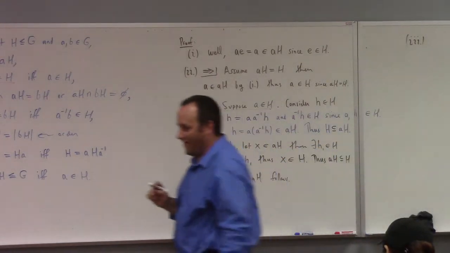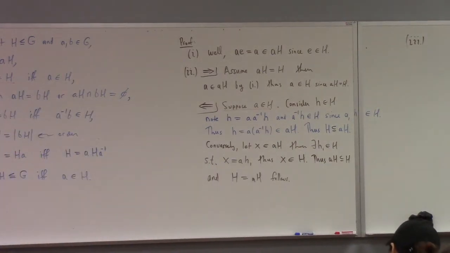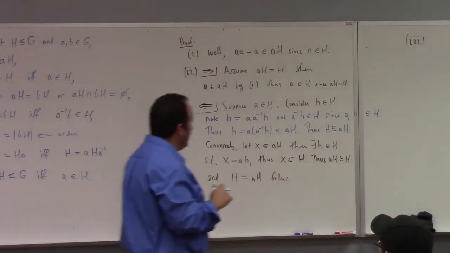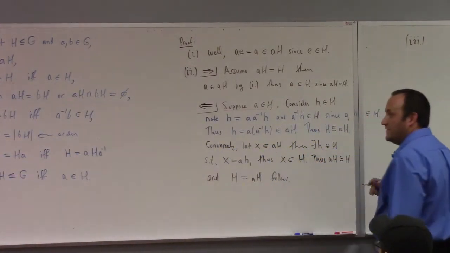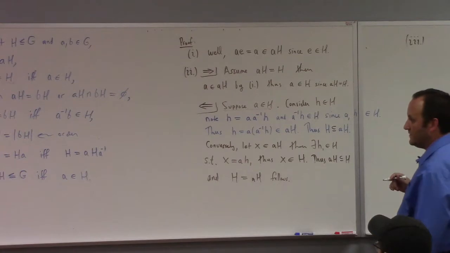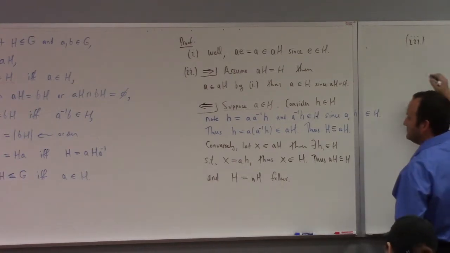I know we don't have time to prove all of them. The question is which ones are most interesting to see proved. 3 is probably worthwhile. So the claim is either AH is equal to BH or their intersection is empty, right?